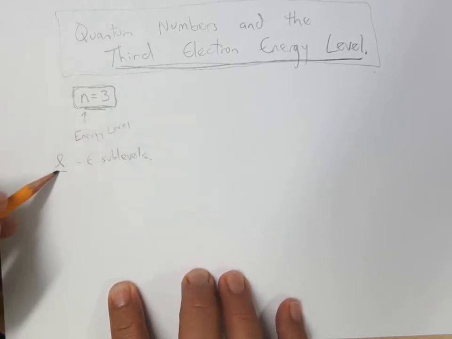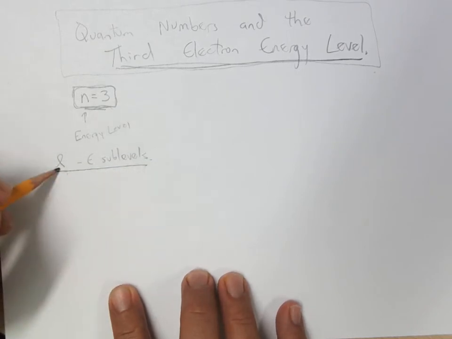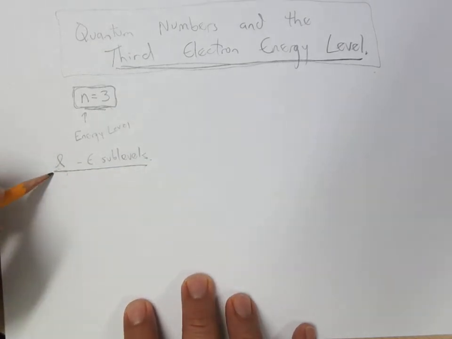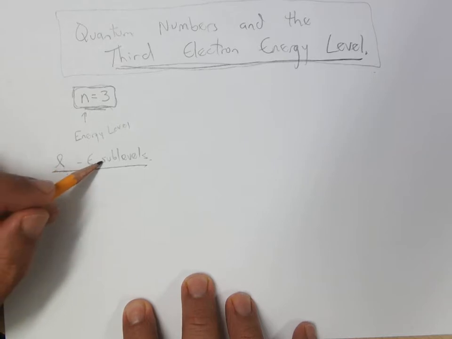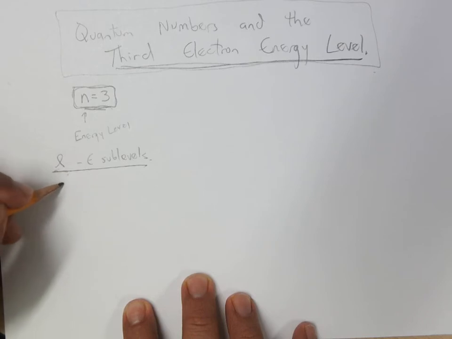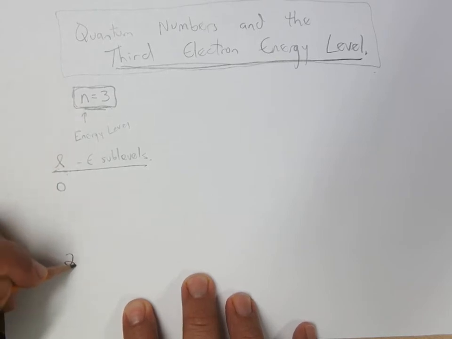And if you know your algebraic limitations and description of each quantum number, the secondary or azimuthal quantum number, or angular momentum quantum number, gives us the energy sublevels, and it can range from 0 up to n minus 1. So if n equals 3, n minus 1 equals 2.